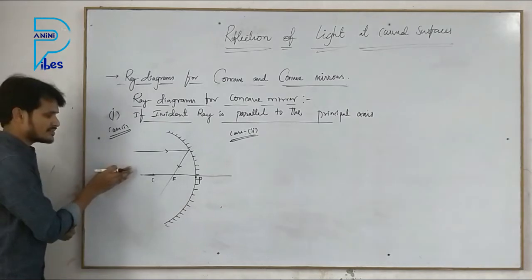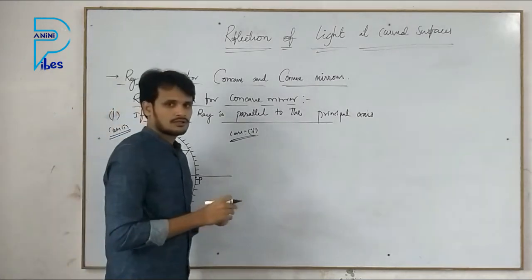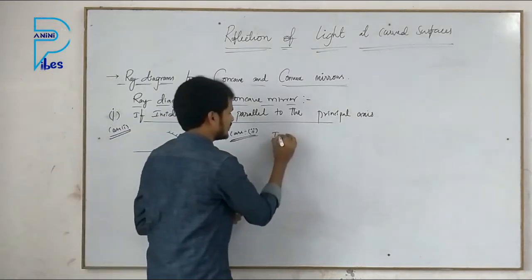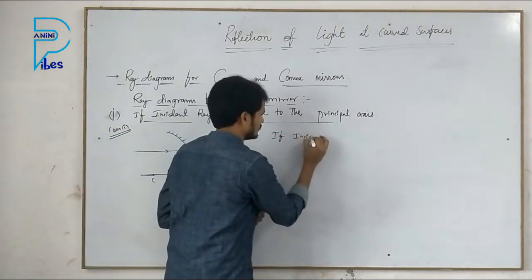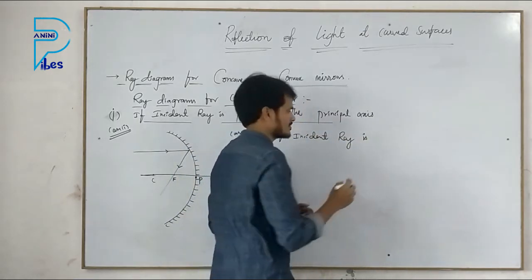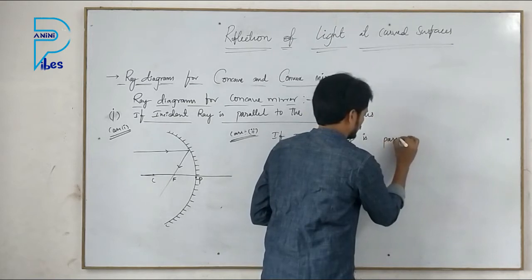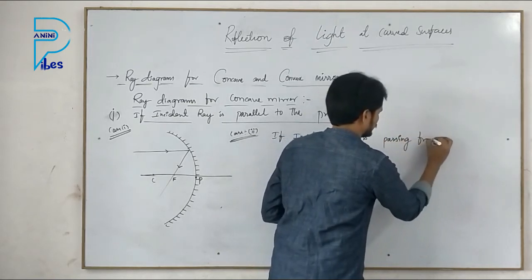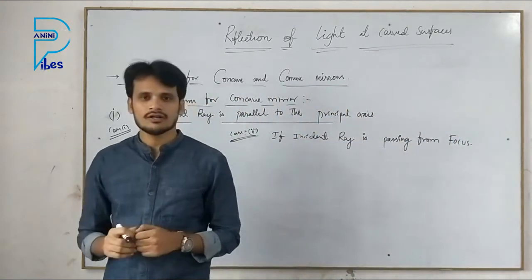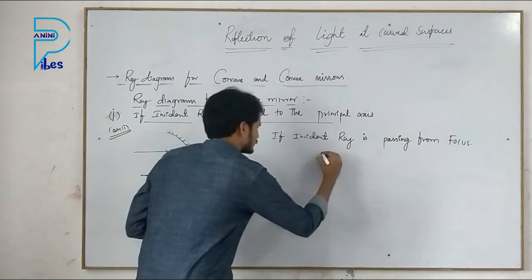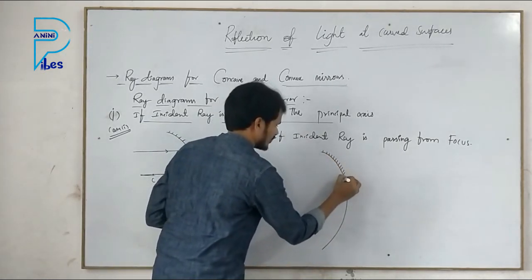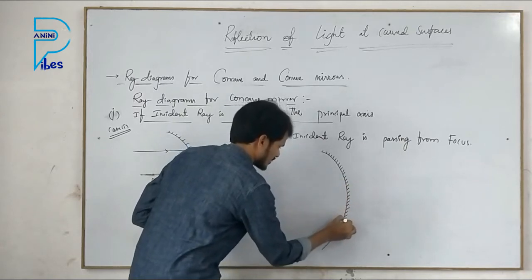The second one is case 2. If the incident ray is passing through the focus. So the first case is parallel to the principal axis, and the second case is if the incident ray is passing through the focal point, the focus. Labeling is very important, or else you lose marks in the examination.